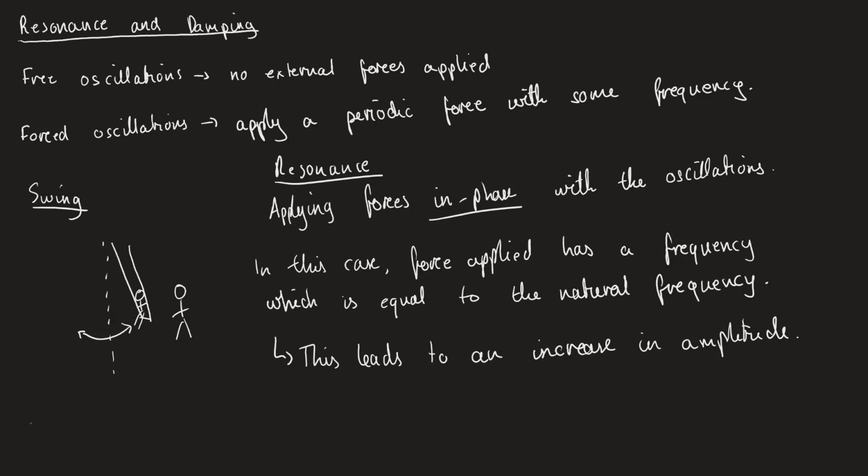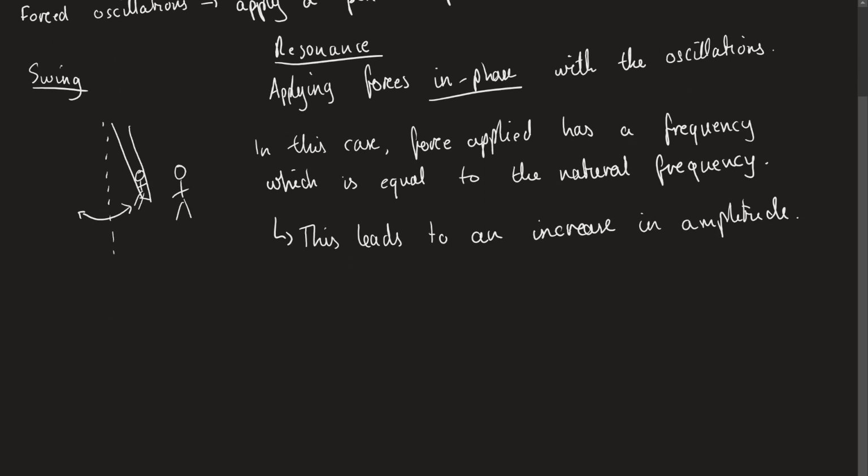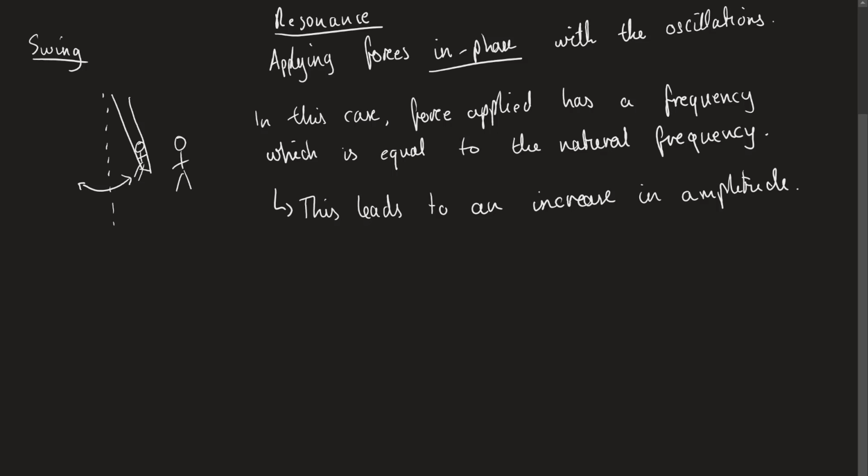Okay, so if I scroll down a little bit, we could actually match up how the amplitude will change as we change the frequency of the force that we're going to add. So we're going to say this axis here is the amplitude and this axis here is the frequency of the forces that we're applying.